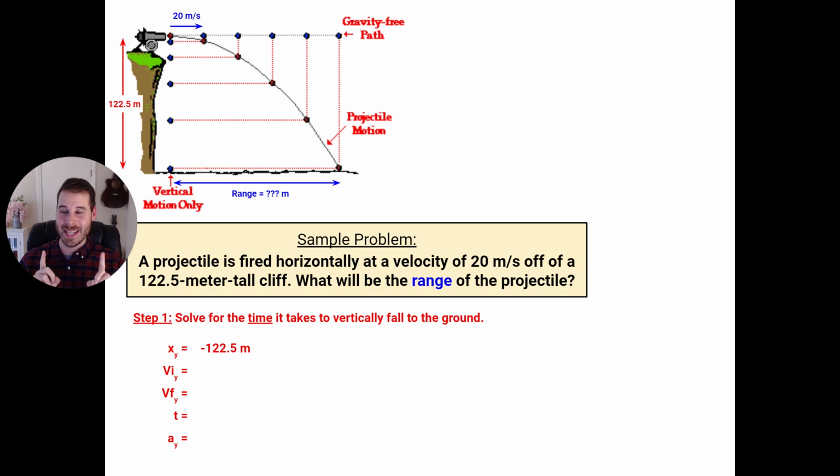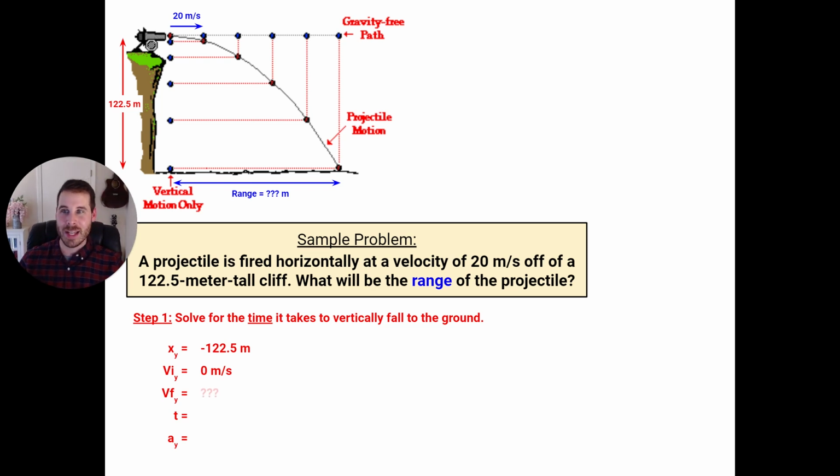Well, it's not 20 because that 20 is horizontal information, and currently I'm looking only for up and down information in the vertical. So I'm just going to look at that dropped path. You should know by now that if you drop an object, the initial velocity is going to be 0, and I'm sort of pretending that that is a dropped object right now because I'm only looking at its vertical motion, which looks like a drop.